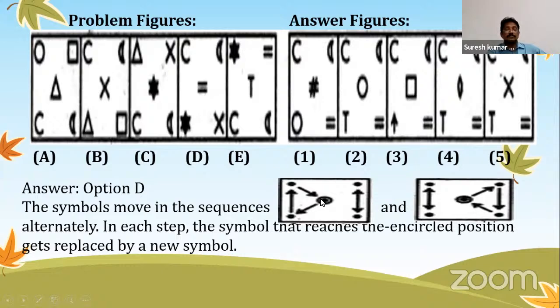Okay, first this one here, move to here, move to here, and come to here. Okay, the middle one, last one here, last one should be up and down, and the first one also moves up and down. The second one here and circle, this moves here, down here, here. It was inverted. The symbols move in the sequence alternately. In each step, the symbol that reaches the end circle position gets replaced by a new symbol.